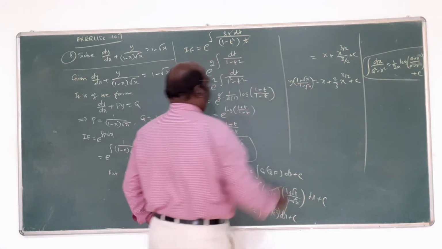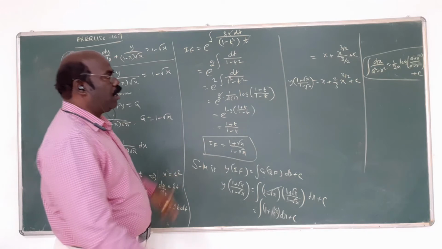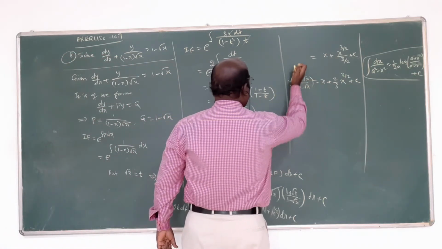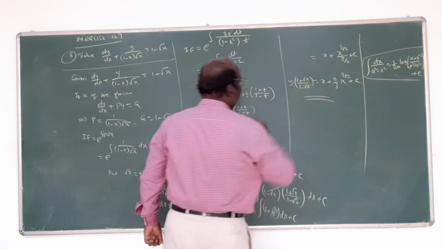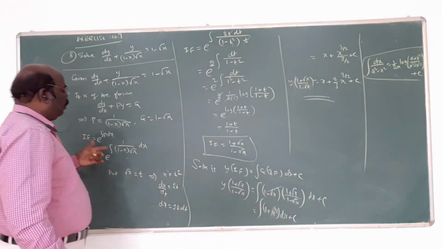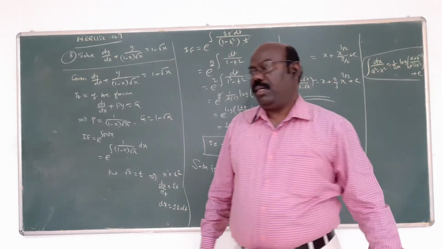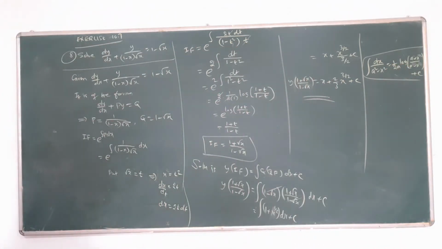If you find I with some negative calculation, then we have this value. Therefore, for this problem, find this formula. Write it down, important formula. That's all.